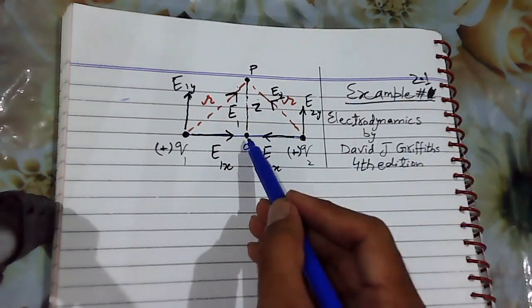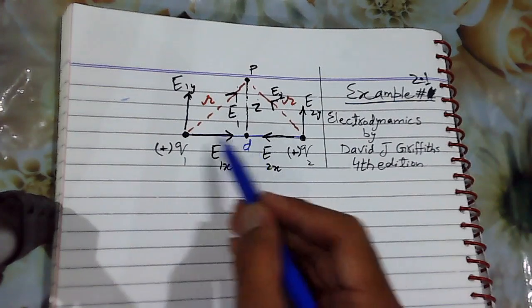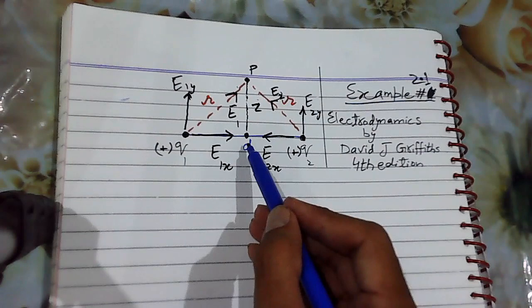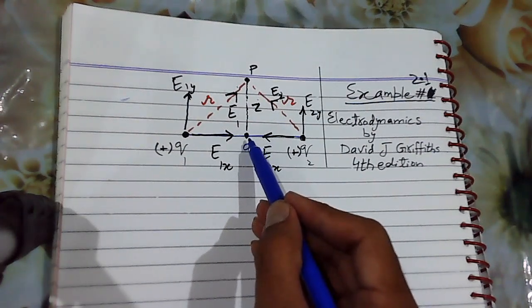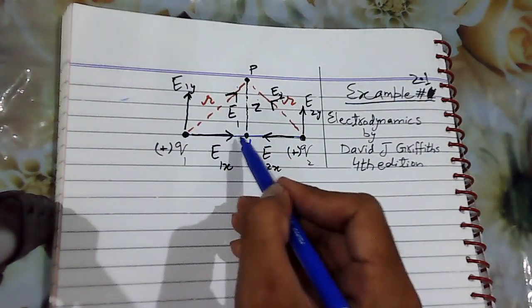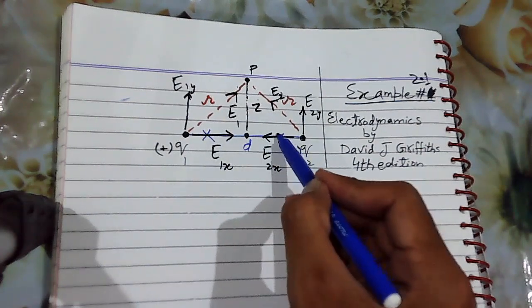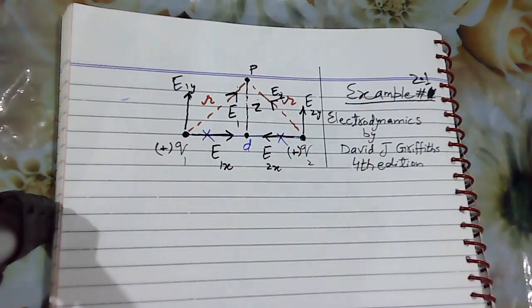This point is the central point, and it is at the same distance from both of these two charges. That's why the x components of the electric field at this central point due to the individual charges have the same magnitude and are opposite to each other, so they cancel out and we are left with only the y components.